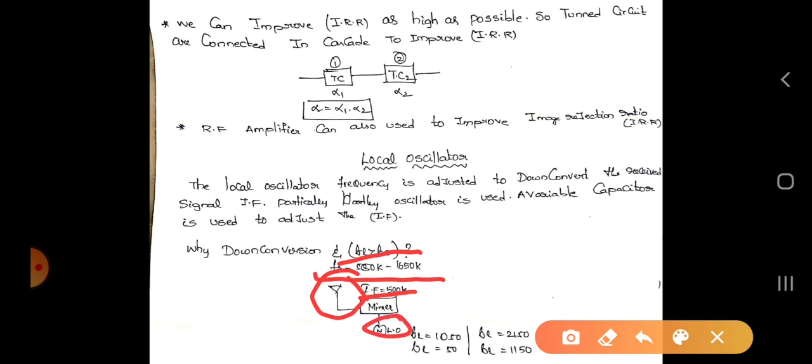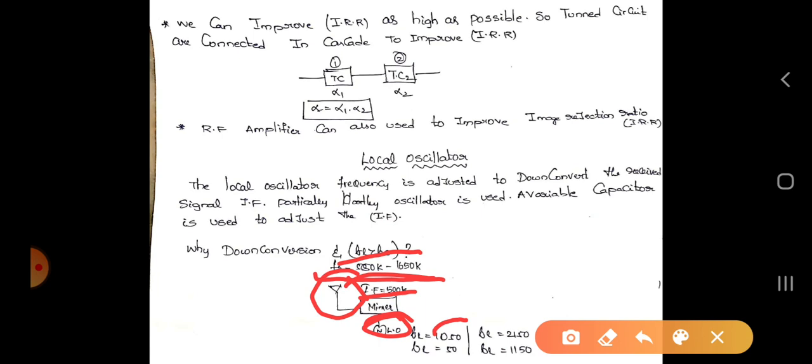the local oscillator. By adjusting the local oscillator, we bring the signal to 500 kilohertz, and the local oscillator frequencies which we are taking for this range are: for 550 kilohertz, FL is 1050, and also FL is 50.